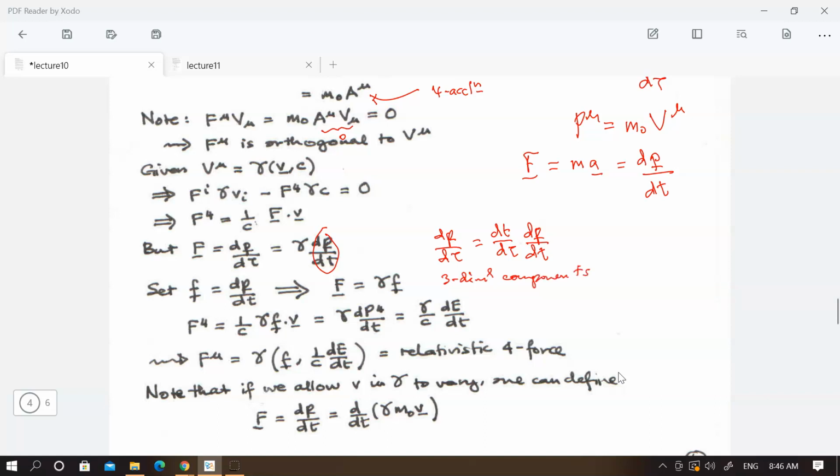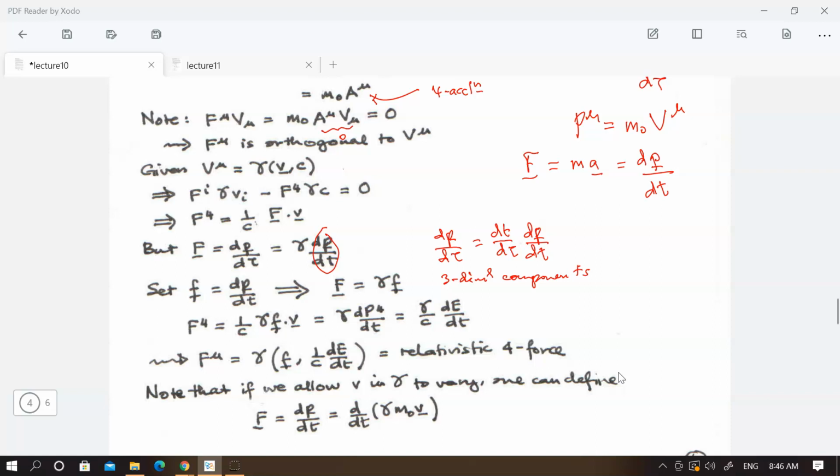Now that leaves us with the fourth component, for which we need to find out what it really says. What physically does this fourth component mean? We have seen that your fourth component is equal to this. So substitute your capital F equals gamma times small f.